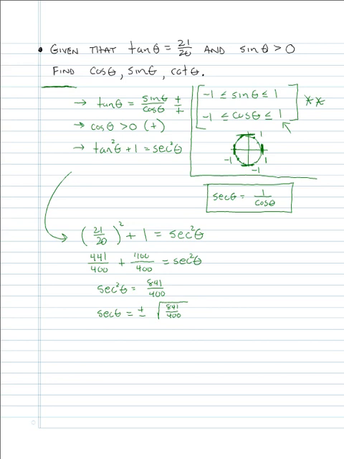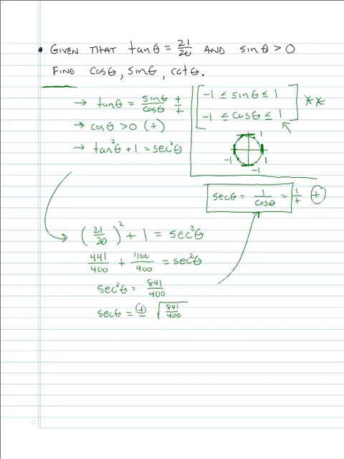Oh, well, let's see what we've got here. Look back up here. Secant of theta is 1 over cosine of theta. And didn't we decide a while ago that the cosine of theta was positive? So this is 1 over some positive number, which means the secant of theta is positive itself.